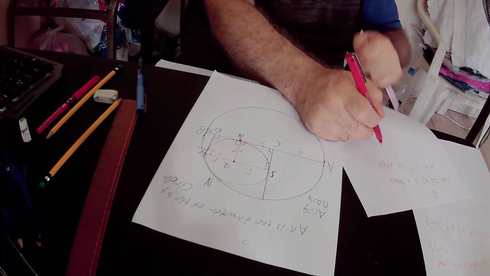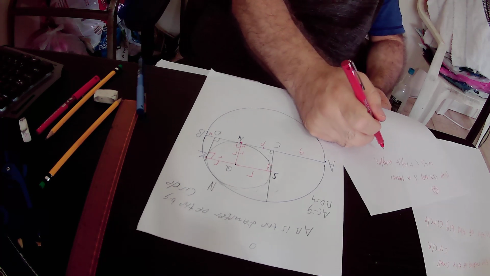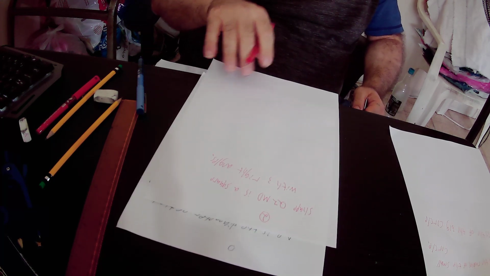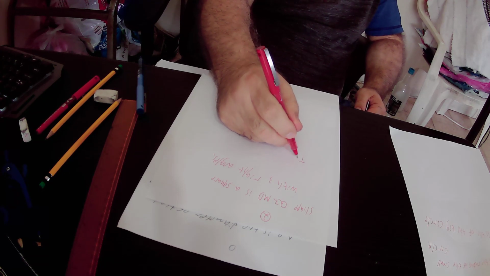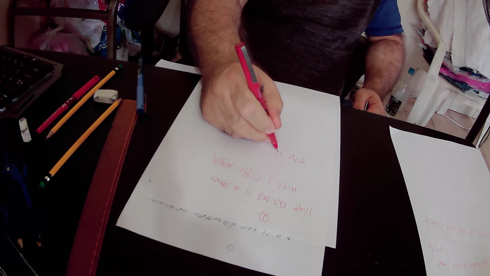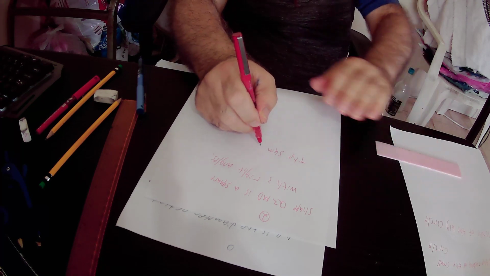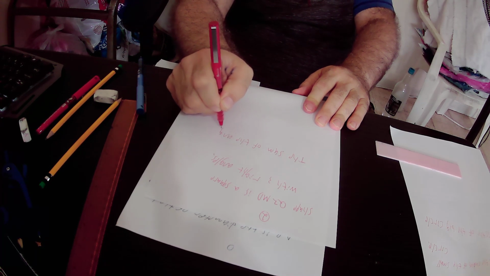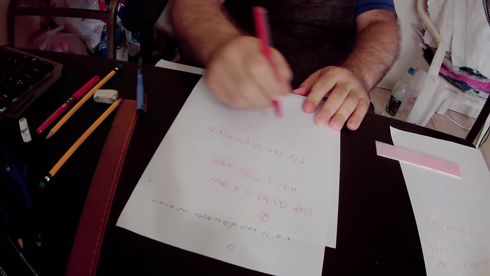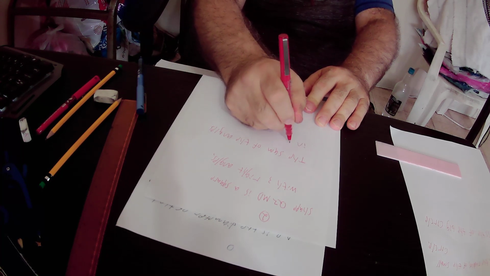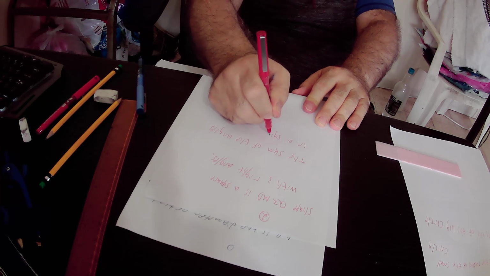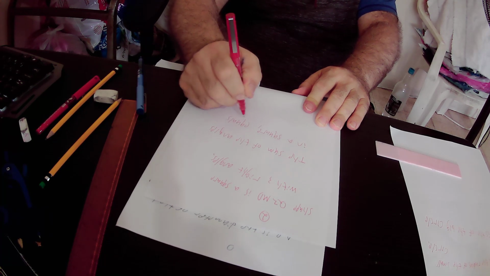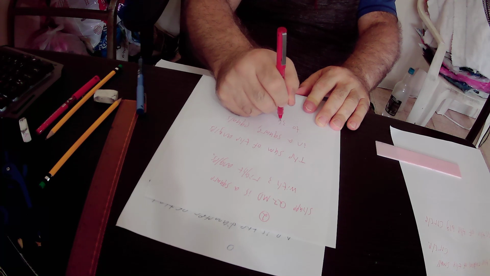And we have a rule that states that the sum of the angles in a square equals 360 degrees.